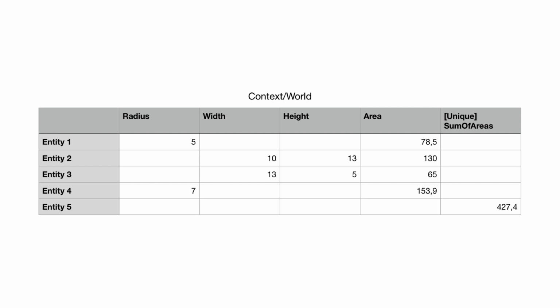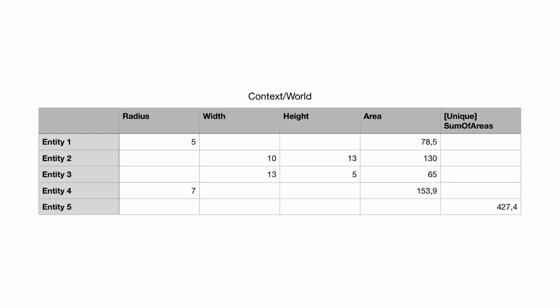Then we get the list of entities which have these things changed. And for the sum of areas, we are only interested when an area was created or changed. In these cases, it's okay: we get these entities, and we just compute these things on the entities.